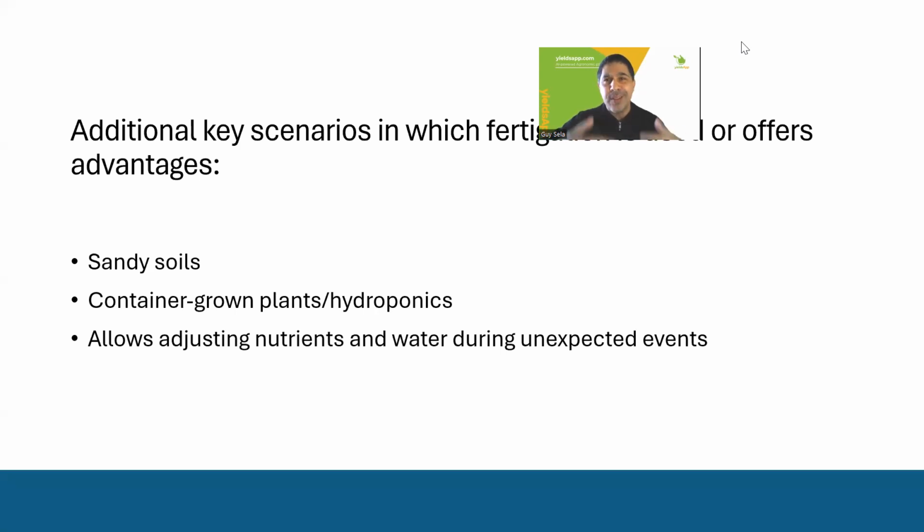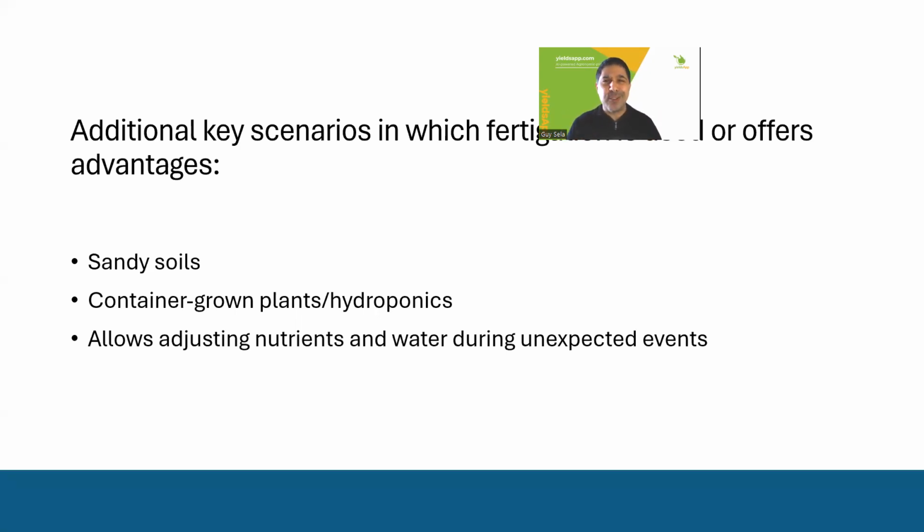The soil becomes a reservoir of nutrients, but sandy soils cannot hold or retain the nutrients, and therefore fertigation can offer a very important benefit there, because then we can apply fertilizers or nutrients more frequently, as I mentioned before, when we need them.